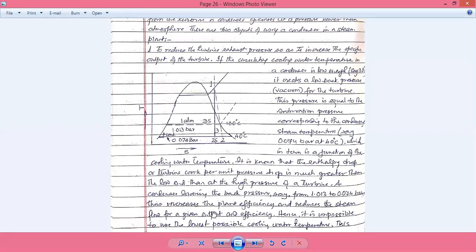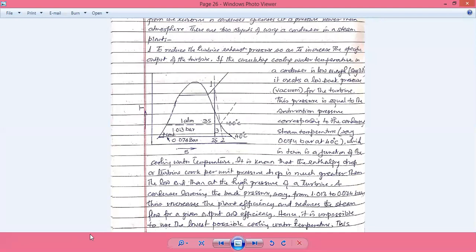This increases the plant efficiency. Otherwise you would release it somewhere here, when the pressure equals atmospheric pressure. So the total output from here to here is more than from here to here, which increases the power output from the turbine itself for a given output and efficiency.